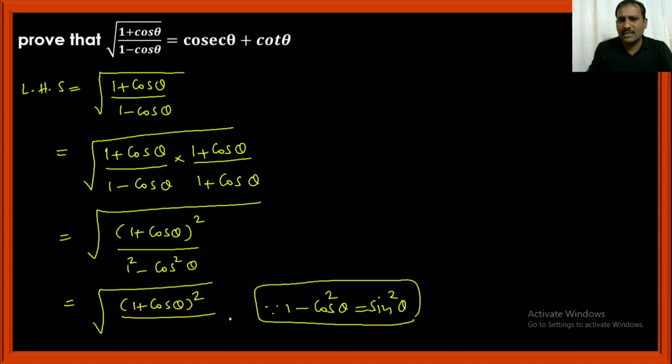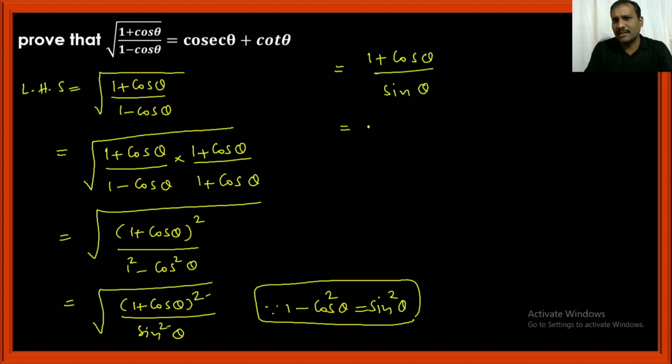Since 1 minus cos square theta is equal to sin square theta, you can write in the denominator sin square theta. Now the next step will be remove the square root. This square gets cancelled, this square gets cancelled. It will be 1 plus cos theta by sin theta.